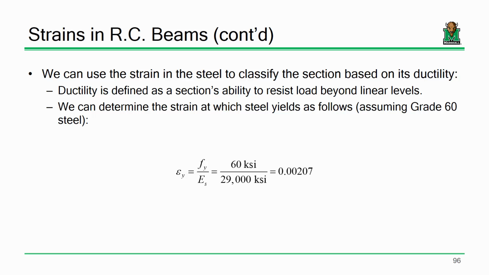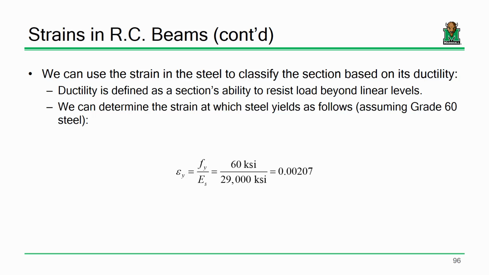So this slope, that's E, that's Young's modulus. What's the E for steel? There we go, 29,000 KSI. This maximum stress right here is whatever Fy is. Let's figure out the strain at yielding.